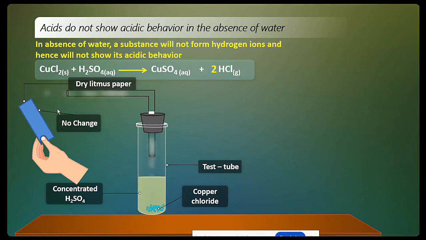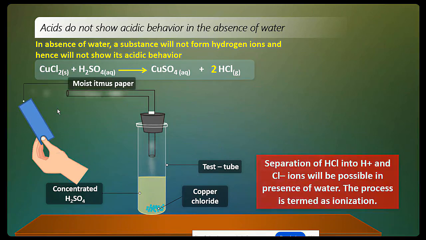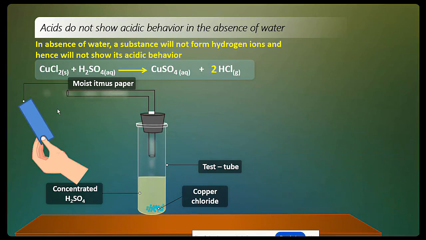It means that hydrochloric acid gas is not showing its acidic nature in the absence of water. Now change the dry litmus paper to moist litmus paper. So if you observe, is there any change in color? Notice here.